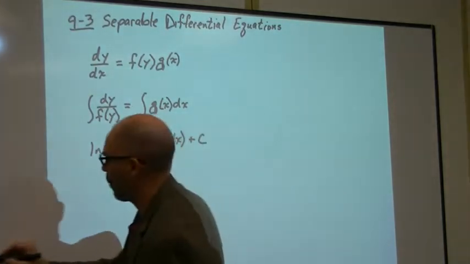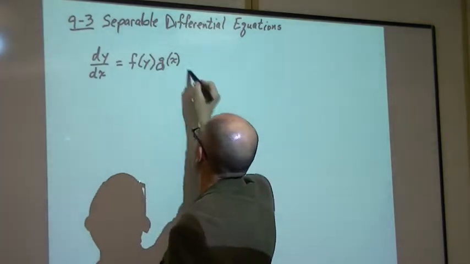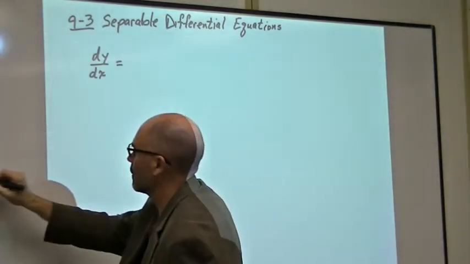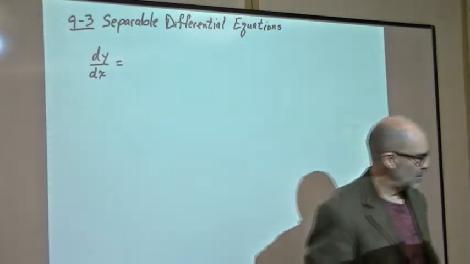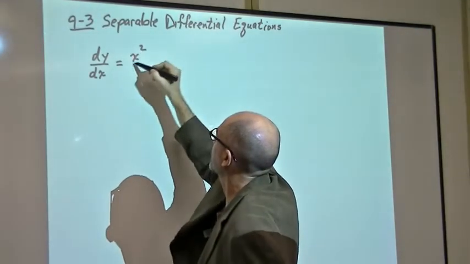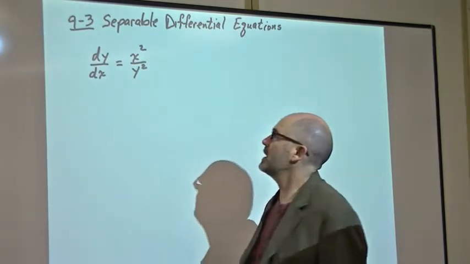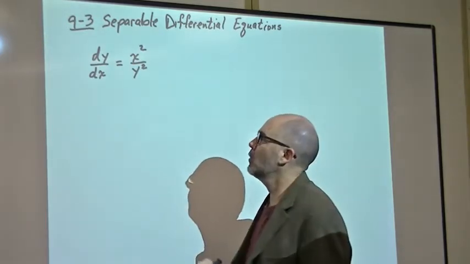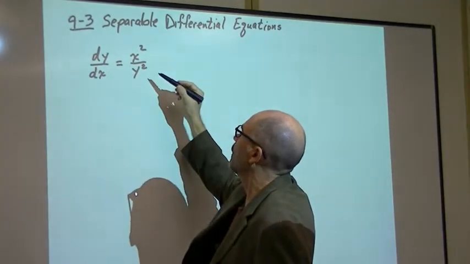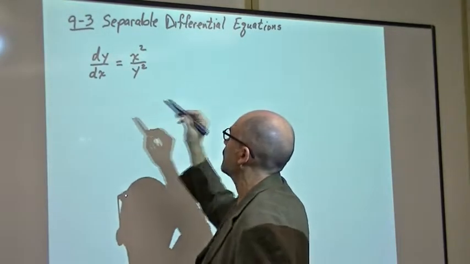Okay, we'll check out example 1: dy/dx equals x squared over y squared. So, like we did before, we're just going to get the y's on one side, the x's on the other.